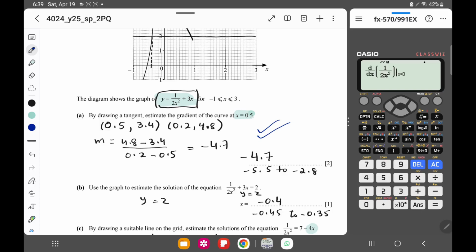Then come up, plus 3x. Afterwards come out and write down wherever you need to find the gradient. That will tell you the accurate answer. If your answer is close, it means you are getting the correct gradient. They're asking you to find it at 0.5. So that is 0.5, and the answer is minus 5, and our answer is coming minus 4.7, which is a very close answer.